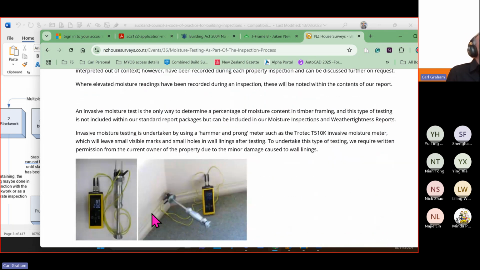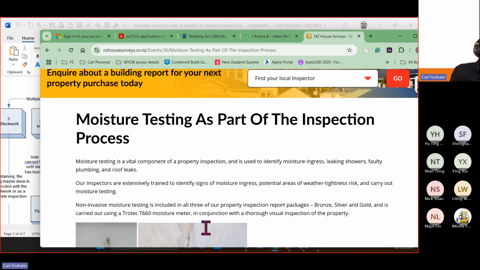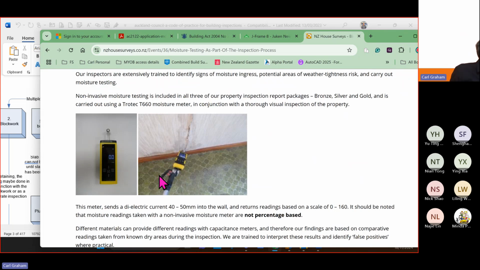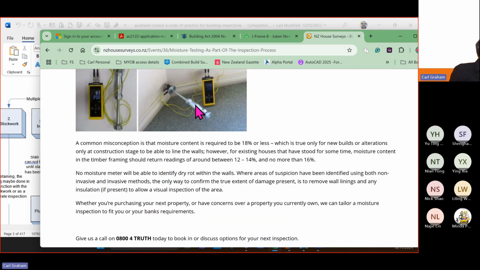We're doing invasive. So you see those prongs, right? So you can see he's put them into the wall and into the framing. So just like you saw that Scala penetrometer guy going dink, dink, dink, well, that's what this is here. All right. So that and that go together, right? So we are not that type of building inspector, which is a home survey. We are invasive. We invade, right?